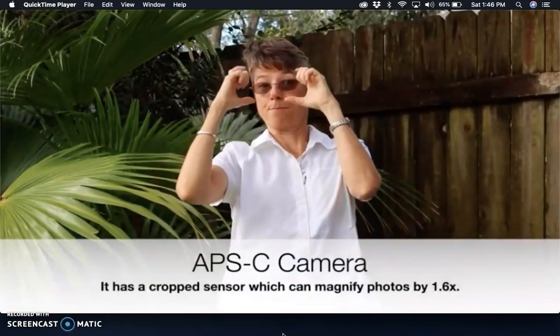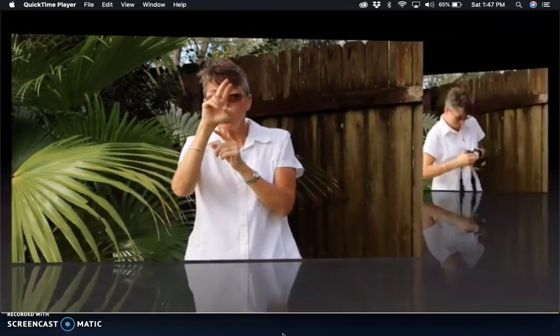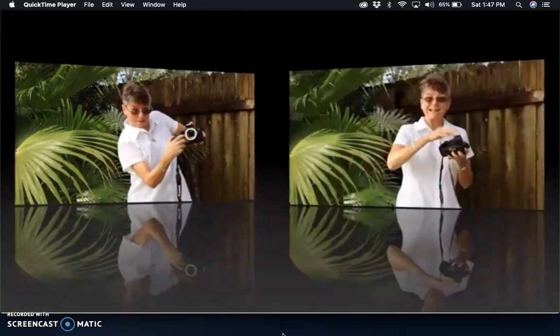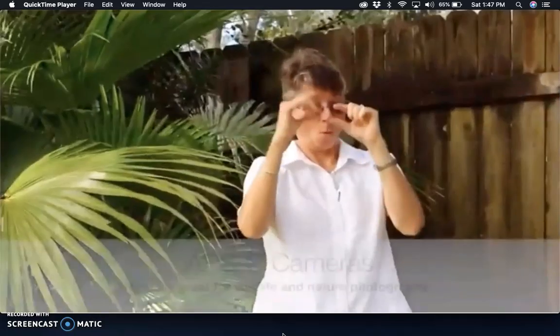The APS-C camera, that means that inside of it has a crop sensor. The sensor inside of here, or behind the sensor, is a mirror. Now this one's my favorite.